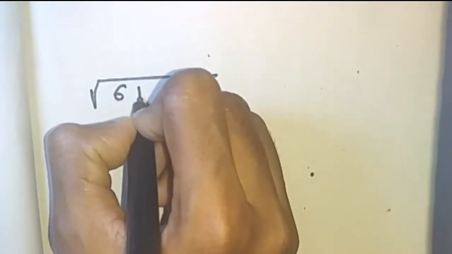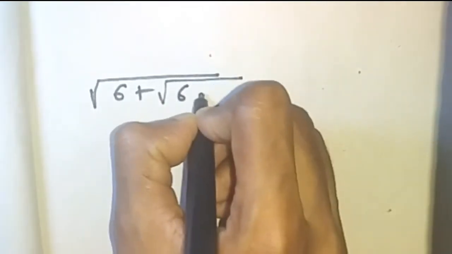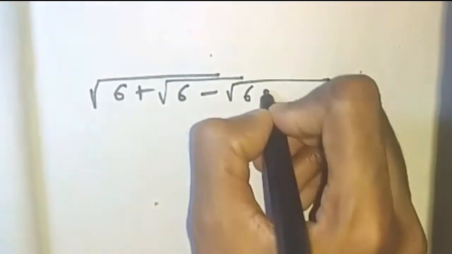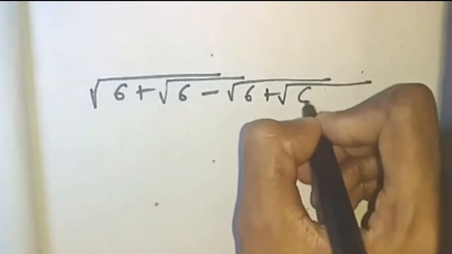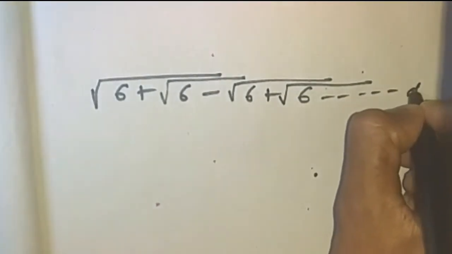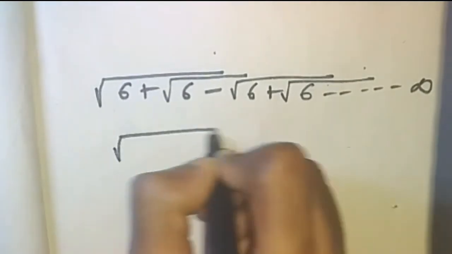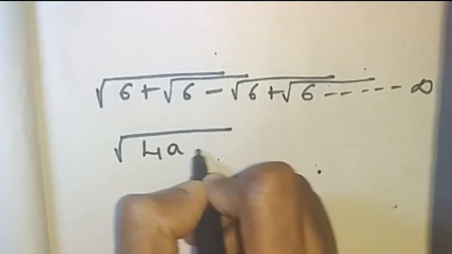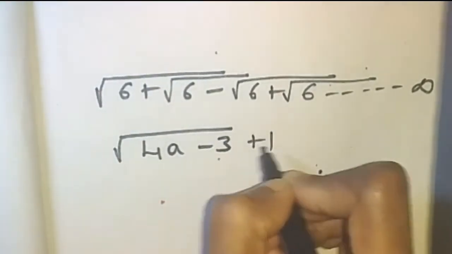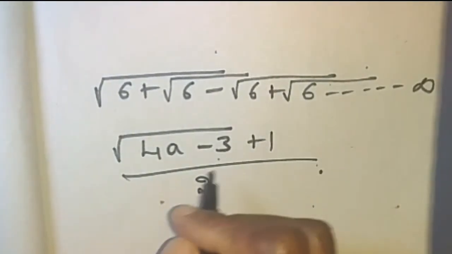So this is one more problem. Under root 6 plus under root 6 minus under root 6 plus under root 6, if the question goes on like this to infinity. So now there is a formula for this also: square root of 4a minus 3, plus 1, divided by 2.